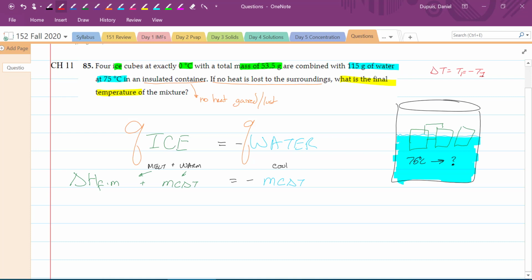So I'm going to rewrite these with a little more information. I have delta H_f times the mass of ice, plus the mass of ice, now liquid water, times the specific heat of water, and delta T of the ice, is going to equal negative the mass of water, specific heat of the water, and delta T of the water.